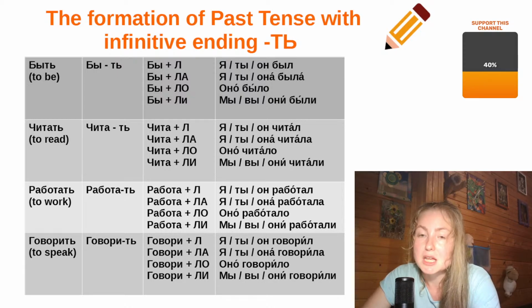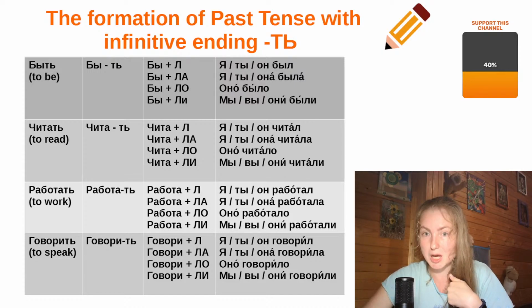What's the difference? If you meet the form «я был», it means that we have a man speaking. So «я» it's a man. He is speaking. So «был» is the form of masculine word. «Ты был» also the form of masculine form. You was. But if you meet «я была», it means that we have a woman speaking.